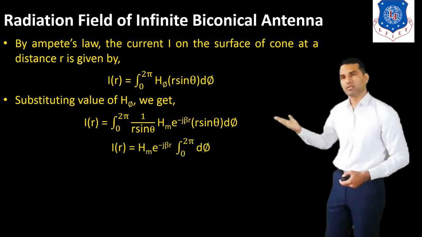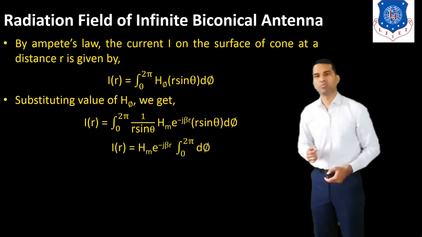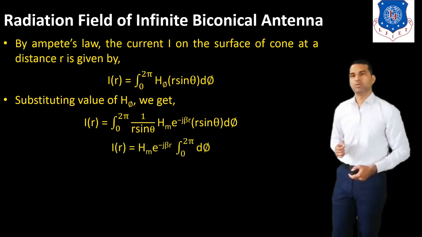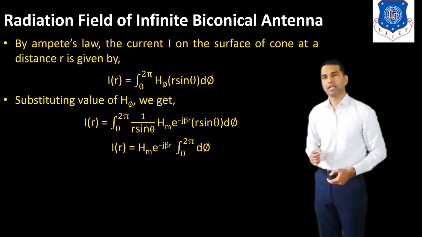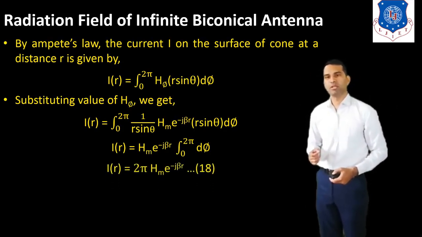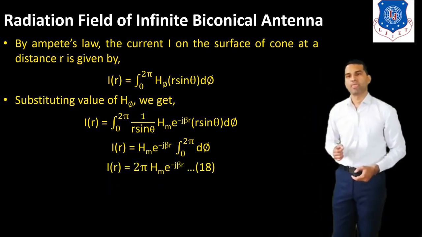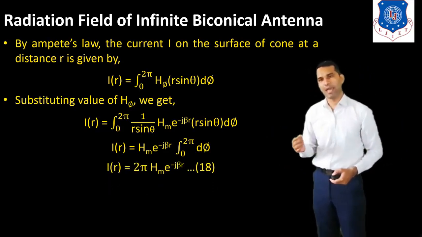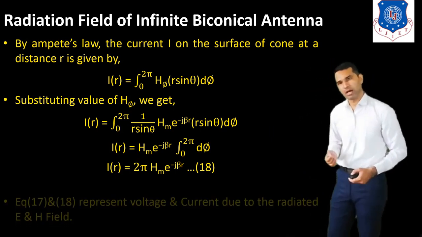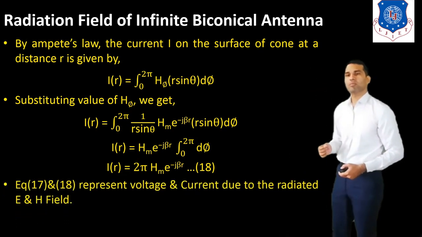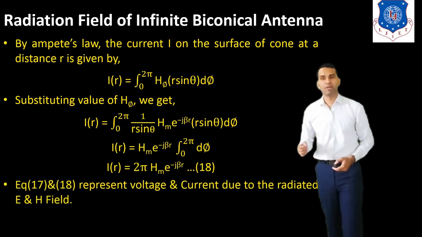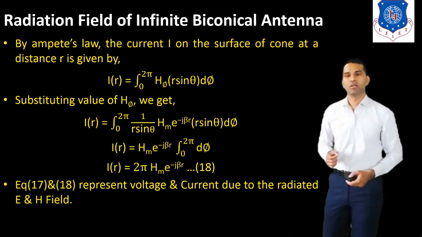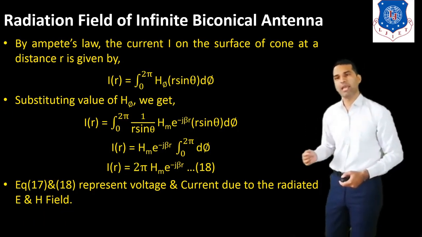Now we simplify this by taking Hm e raised to minus j beta r common. So I(r) equals Hm e raised to minus j beta r times the integration of d phi, and when we take the integration, we get I(r) equals 2 pi Hm e raised to minus j beta r. Equations 17 and 18 represent the voltage and current due to the radiated E and H field.